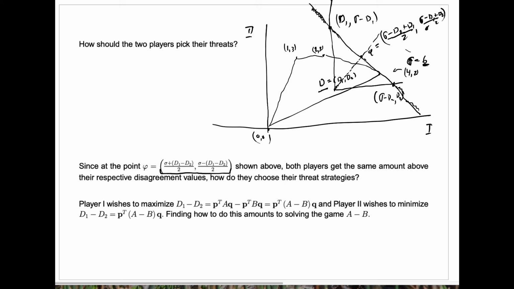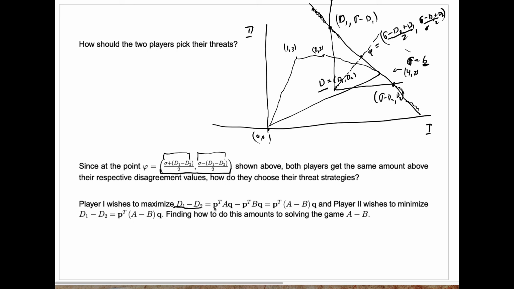Well, player 1 would like to choose a threat point that makes the x-coordinate, the first coordinate here, the biggest. And player 2 would like to choose a threat point that makes this second coordinate the biggest. Well, to make the first coordinate biggest, we want D1 minus D2 to be largest. So player 1 would like to maximize D1 minus D2.